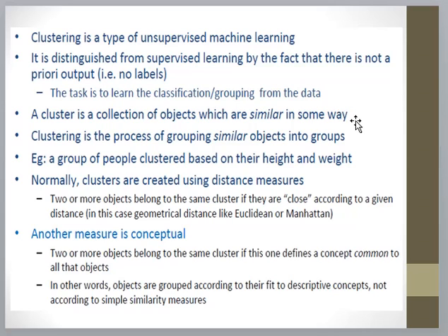So the basic goal or task is to form a cluster or a collection of objects which are similar in some way. Clustering is the process of grouping similar objects into groups, right? So in each cluster, we are trying to form a group of objects which have similar characteristics or attributes.